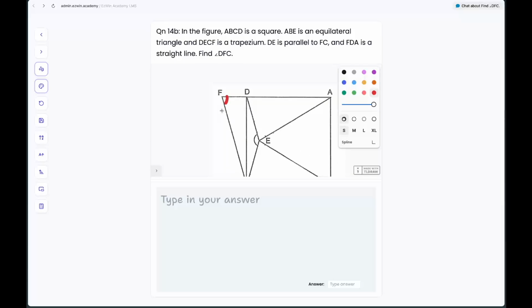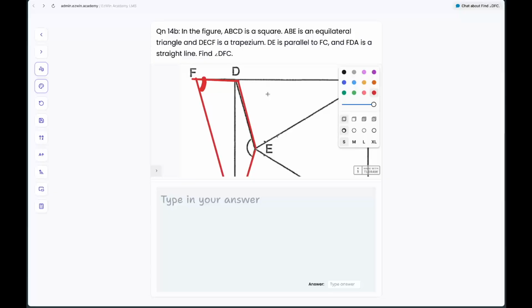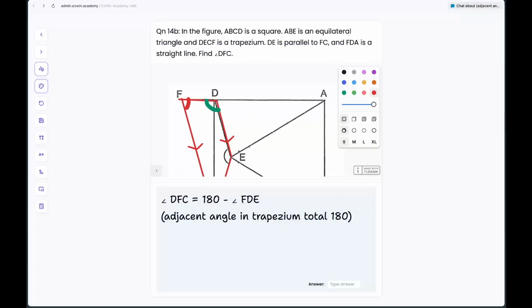Since we know that DFCE is a trapezium, we can find the angle FDE, what we see over here. So angle DFC is equal to 180 minus angle FDE, because the adjacent angles in the trapezium total 180.